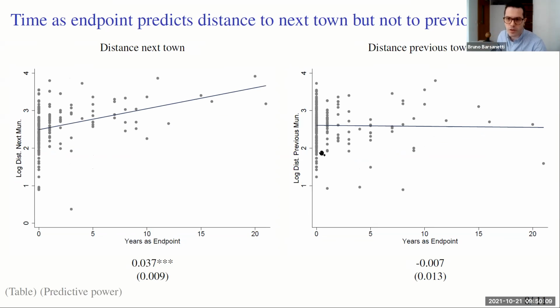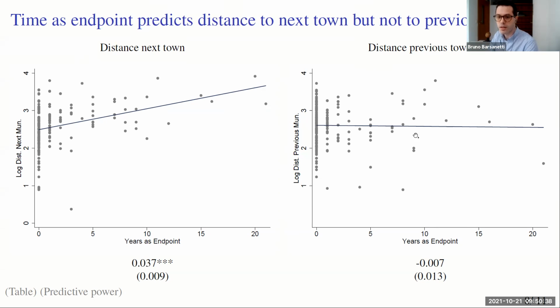So if we also look at the other predictions of the model, in particular the other main prediction, which is that the next towns will be farther away, we also see here some positive association. So this is in line with what the model predicts. And what I also think is interesting is what the model does not predict, which is distance to the previous town.